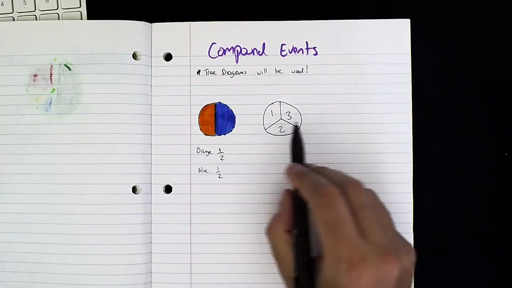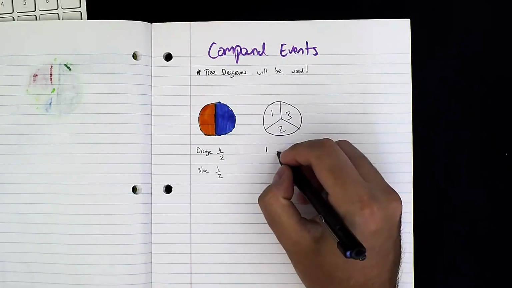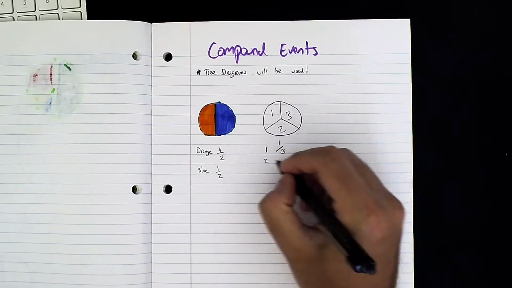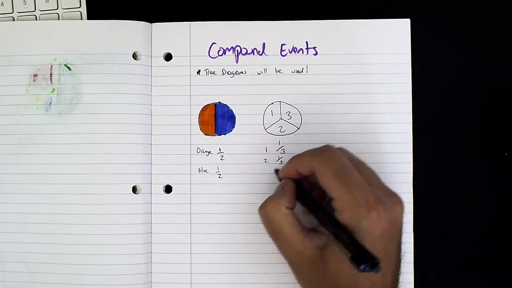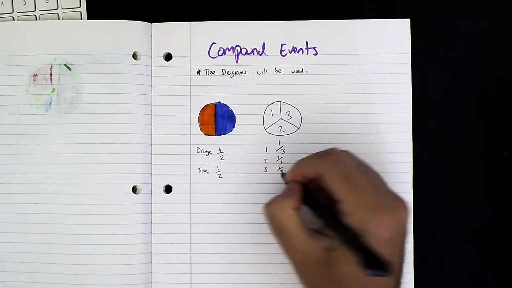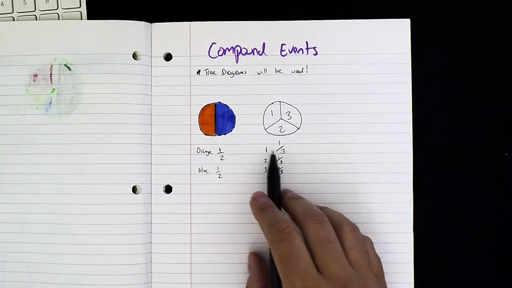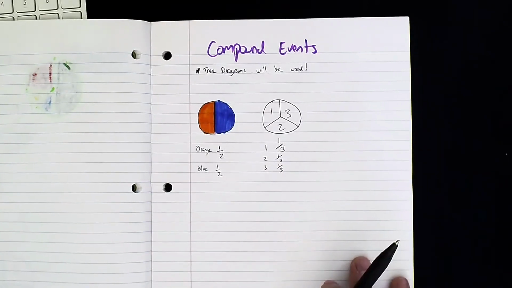On this spinner here, what is the probability of landing on 1? Well, as we can see, it's separated into 3 parts and there's only one 1. And same with 2, there's only one 2, and there's only one 3. So to land on a 1, 2, or 3, you have a 1 in 3 chance. To land on a color, it's 1 in 2.